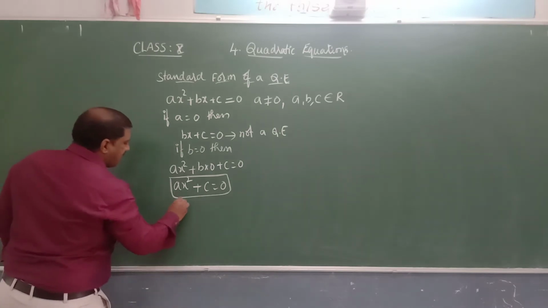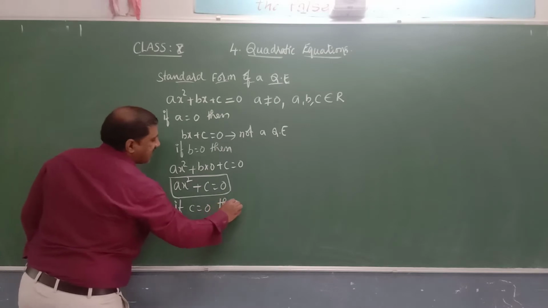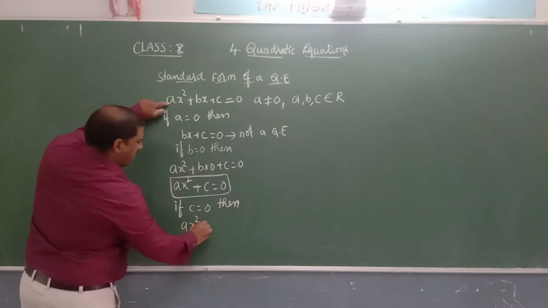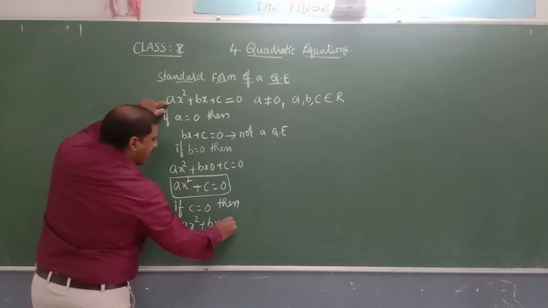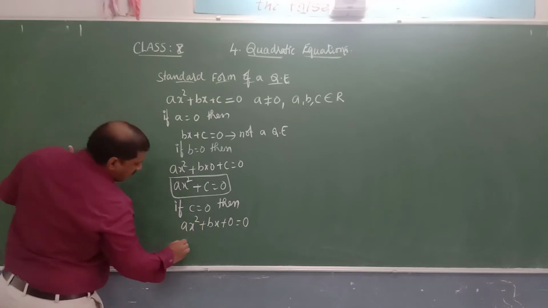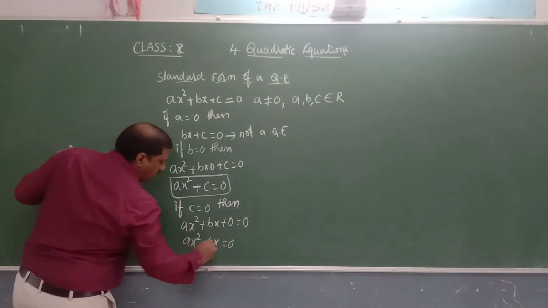Similarly, if c is equal to 0, then the standard form ax² + bx + c becomes ax² + bx + 0, that is ax² + bx = 0.